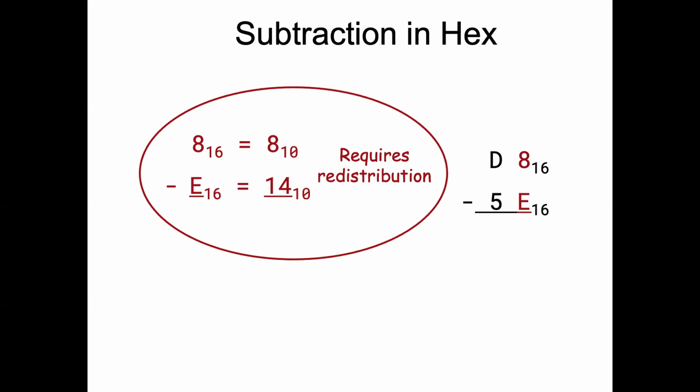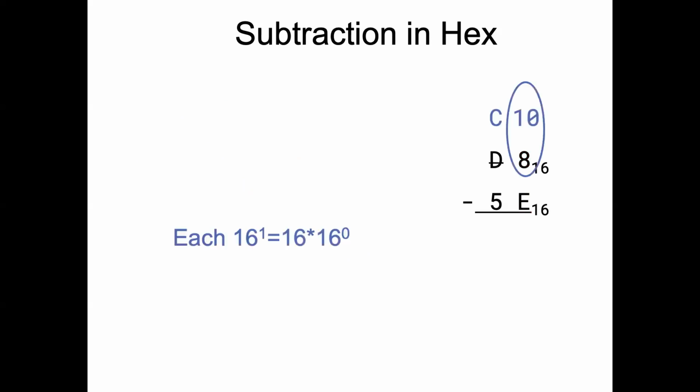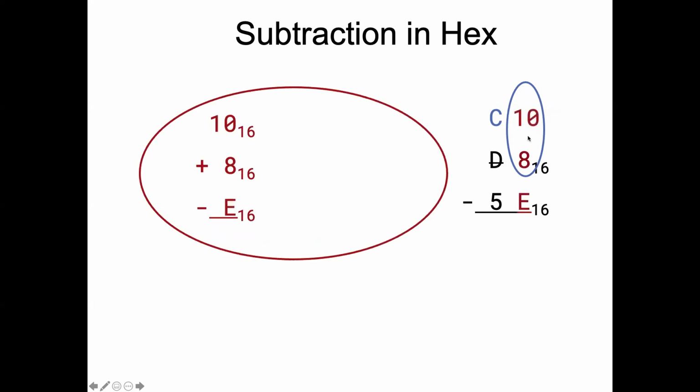So I'll take that D and I'll borrow 1 from it. That's going to decrement it, making it a C. But since it was worth 16 times as much, that gives me an extra 1 0, which is hexadecimal for 16, in the ones place. Falling back to cheating in base 10, the 8 is still worth 8.